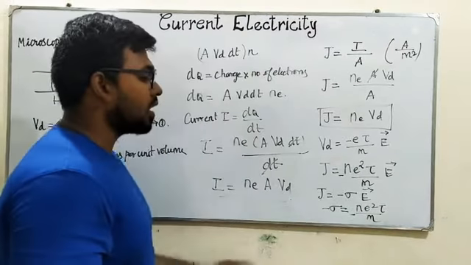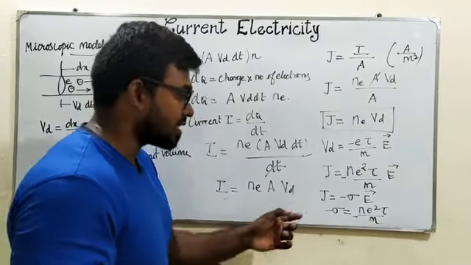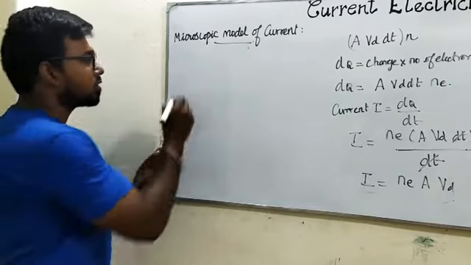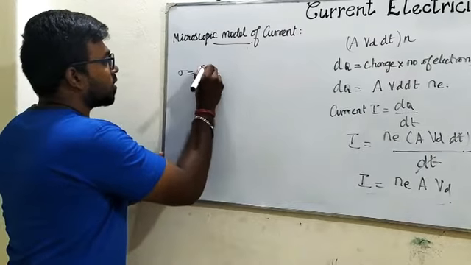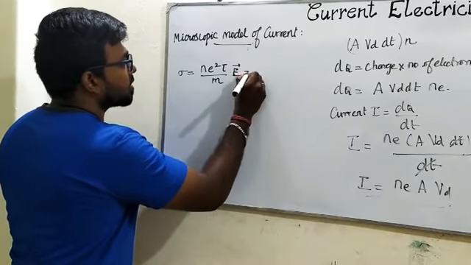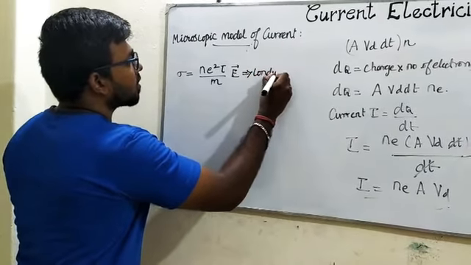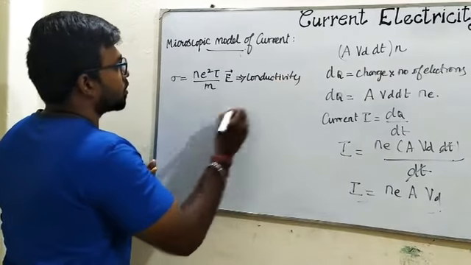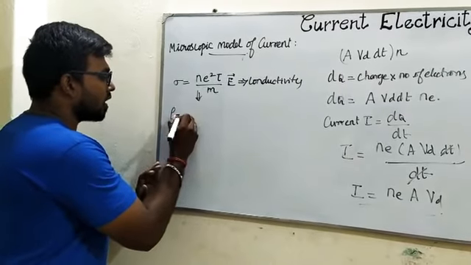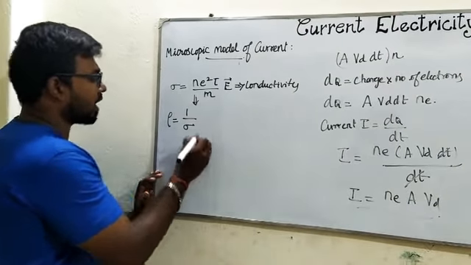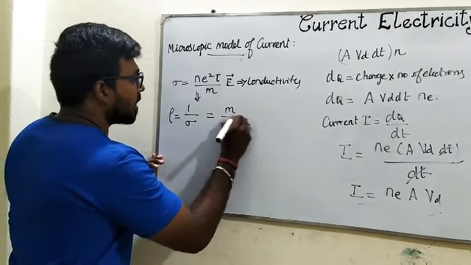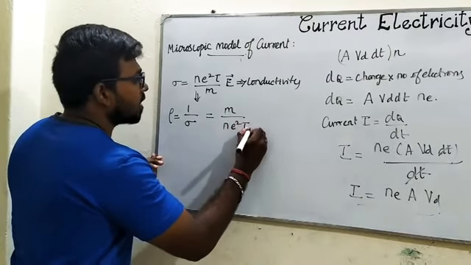This is called the conductivity, and this is the microscopic model of current. As I said, sigma is equal to n e square tau by m, known as conductivity. And we know that rho is equal to the reciprocal of conductivity, which we call resistivity. So rho can be written as m by n e square tau.